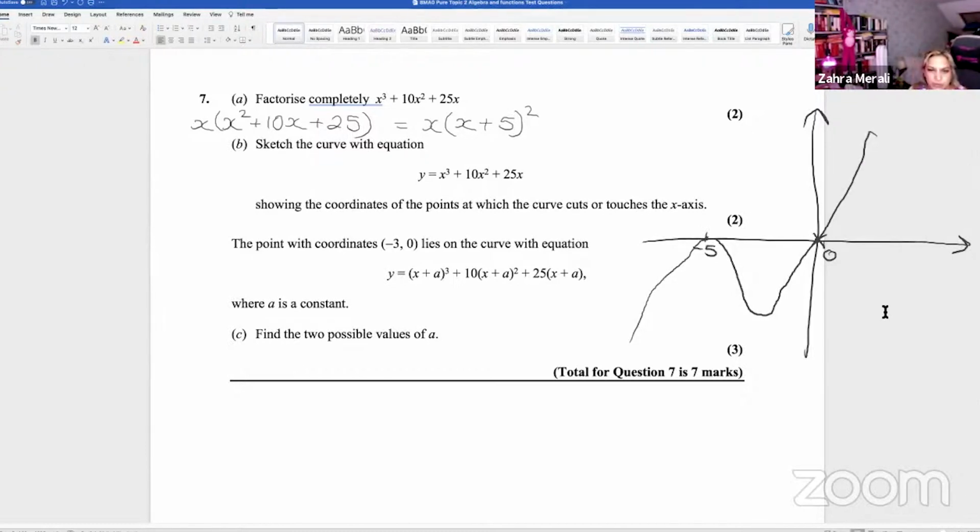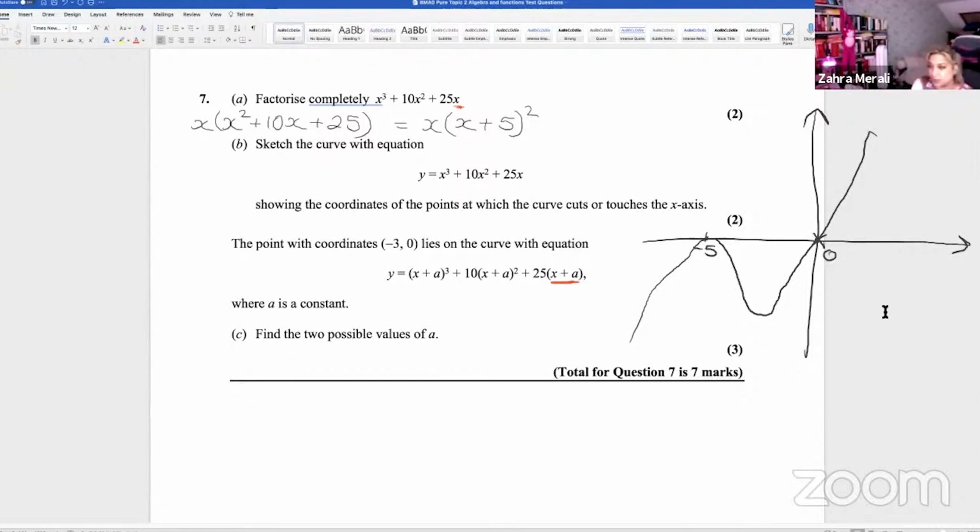Then we've got the point with coordinates minus 3, 0 lies on the curve with this equation. Find the two possible values. It looks strange, but actually all that's happened is that everywhere there's an x, it's been replaced by x plus a. So the whole graph has been shifted to the left or the right.